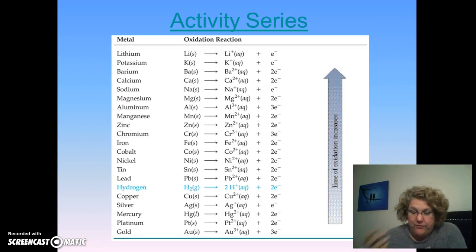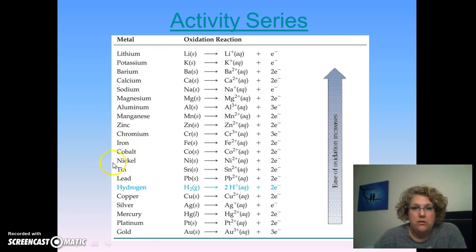This time, if you're looking at being reduced, we're going to look at the activity series the other way. This is a list of who's best at being oxidized. So lithium is the best at being oxidized, and gold is the worst. But on the flip side, if we're looking at ease of being reduced, gold is the easiest to reduce, and lithium is the hardest to reduce.